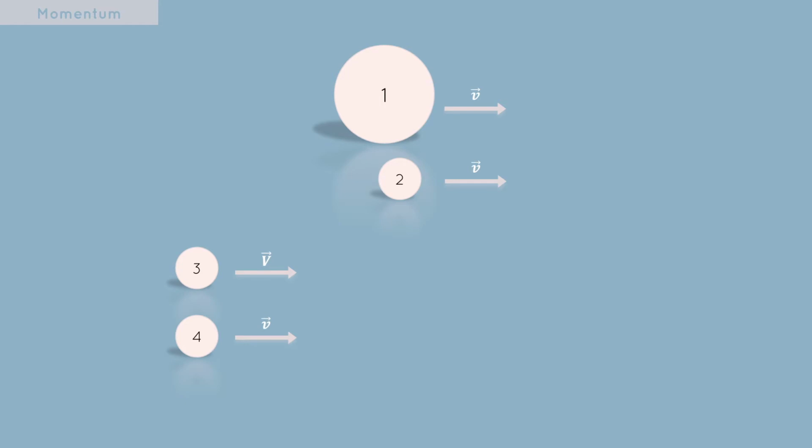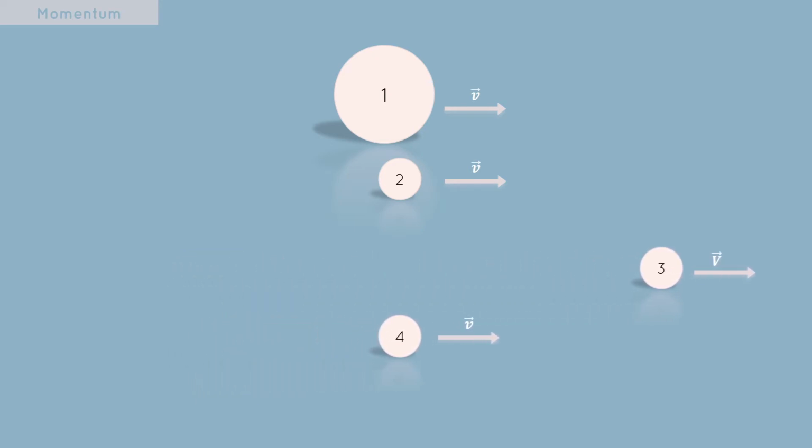So let's consider ball 3 and ball 4, which both have the same mass, but ball 3 is moving with a greater velocity than ball 4. So we can say that ball 3 has a greater momentum than ball 4, right? And this is despite the fact that both of them have the same mass.